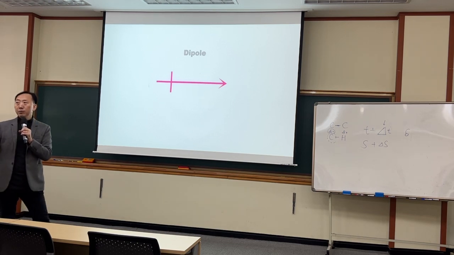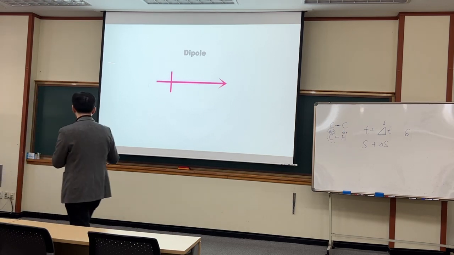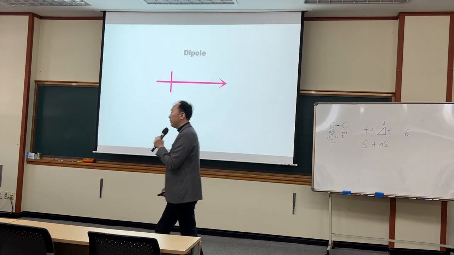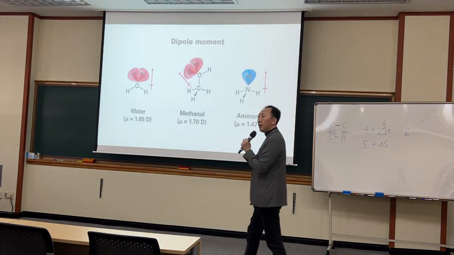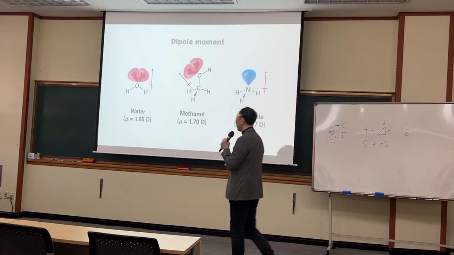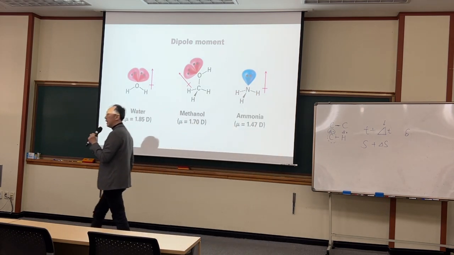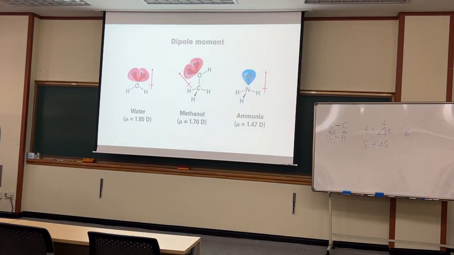So anyway, dipole, two polar stages, one here, one here. Okay, and this dipole can be measured as a unit like this with a D. Dipole moment can be calculated. If this number is becoming bigger and bigger, that's more polar.